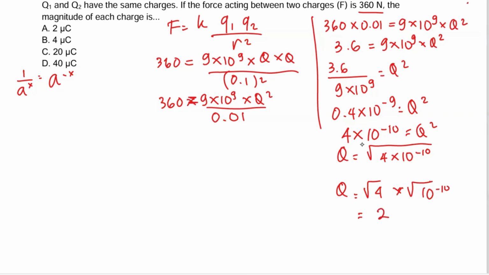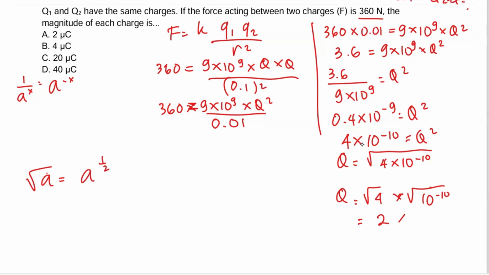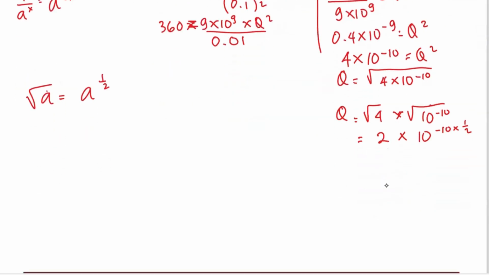And how do we get the square root of 10 to the power of minus 10? If we have the square root of a, it's actually a to the power of half, right? So it's actually 10 to the power of minus 10 times half. So we got 2 times 10 to the power of minus 5.